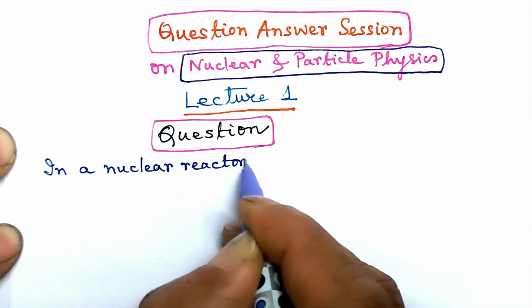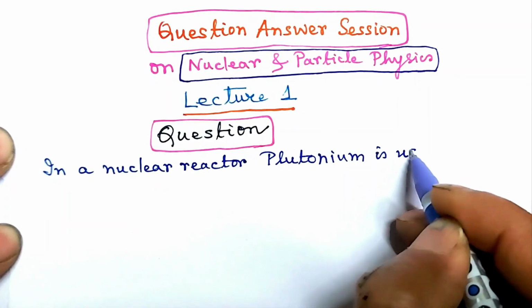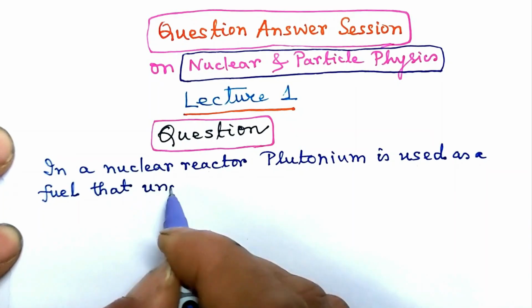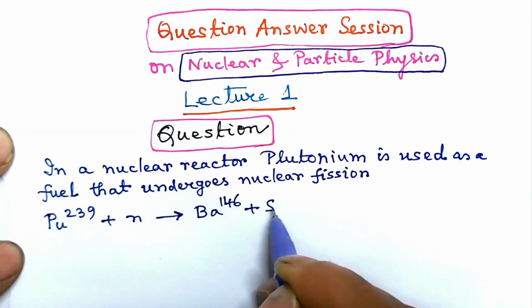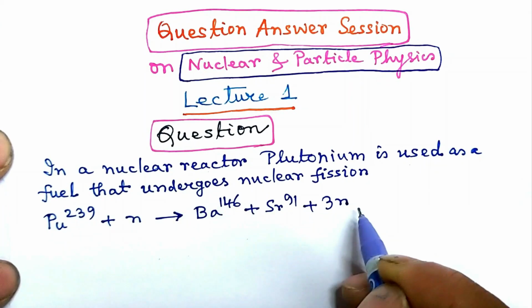In a nuclear reactor, plutonium is used as a fuel that undergoes the following nuclear fission. Pu for plutonium, N for neutron, Ba for barium, and Sr is strontium.